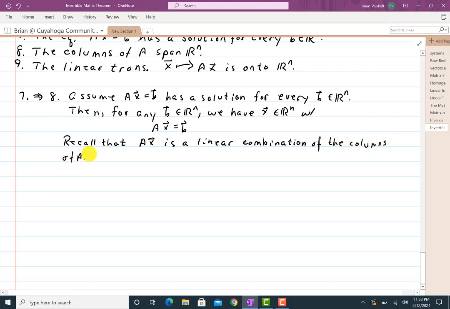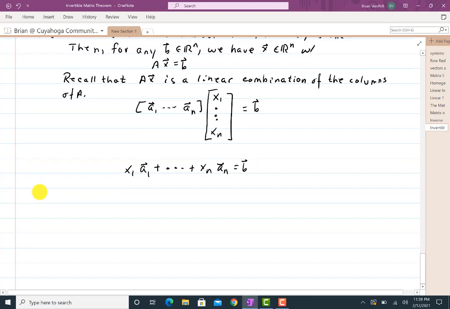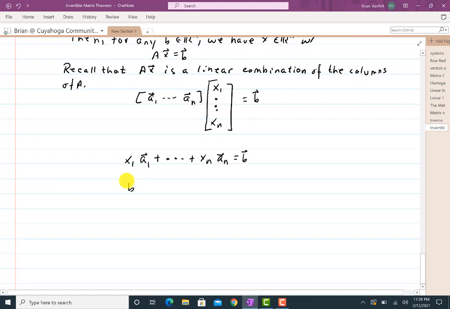of A. The way you know it is we broke it down something like this: A1 dot dot dot up to AN times X1 dot dot dot up to XN, and that was equal to B. And the way you broke out the left-hand side is you had X1 A1 plus dot dot dot plus XN AN equals B. And you can see then that B is in the span of A1 up to AN.